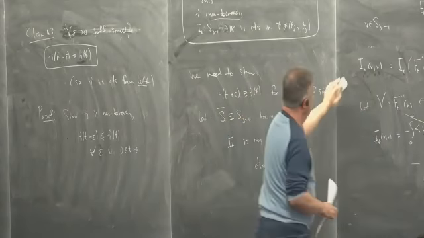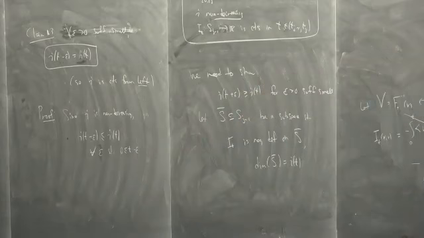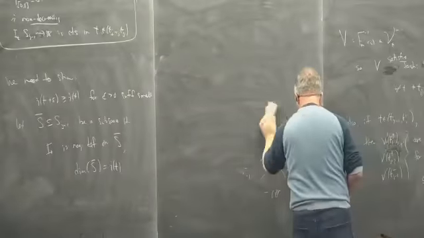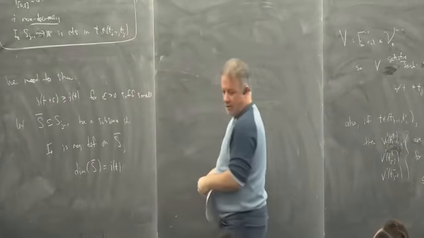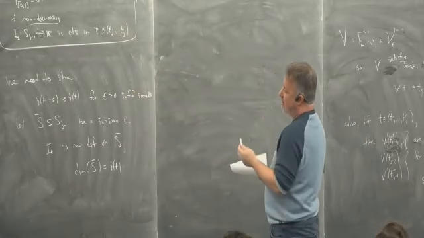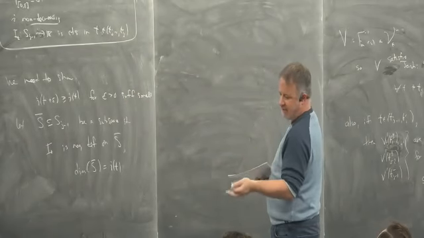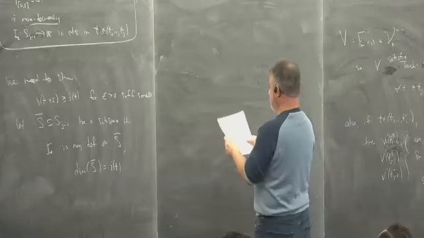And here's where we use claim 2. If you have a family of quadratic forms on a fixed vector space, which is varying continuously with this parameter, then being positive definite or negative definite is an open condition.